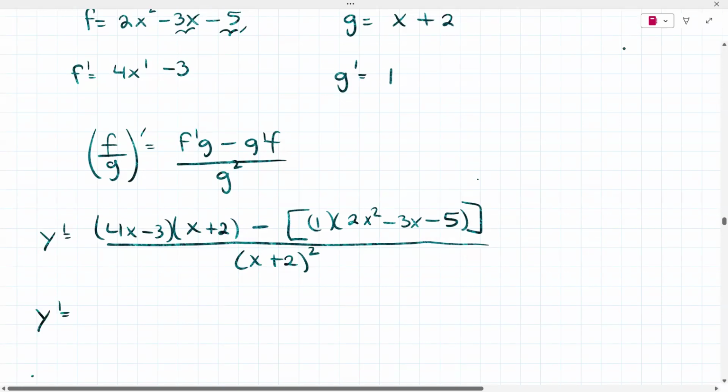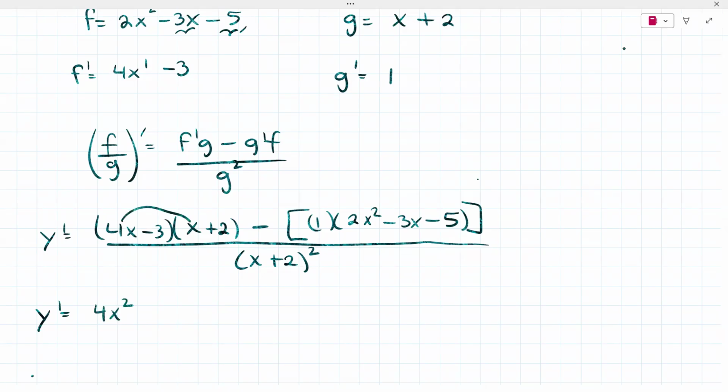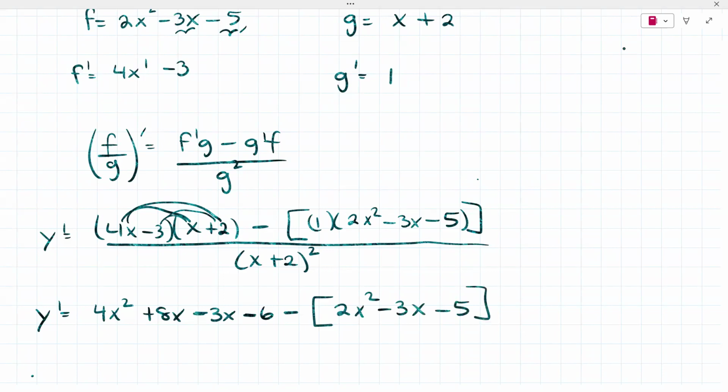And then if you FOIL this out, 4x times x is 4x squared. 4x times 2 is 8x. Negative 3 times x is negative 3x. Negative 3 times 2 is negative 6. Minus bracket 1 times this whole thing itself, all over the bottom.